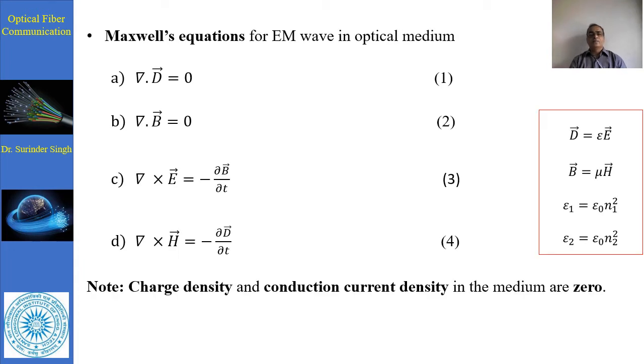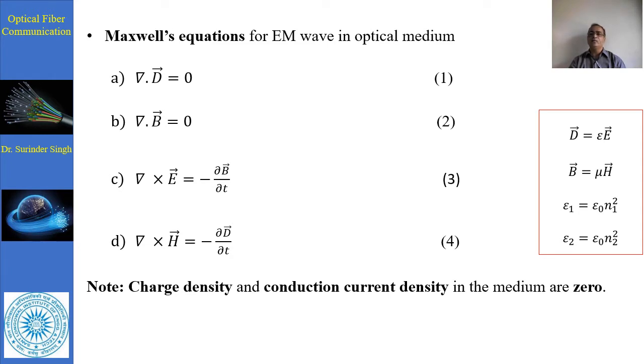So as per Maxwell's equations for an EM wave in optical media, which give the relationship between both electric and magnetic fields, and assuming a linear isotropic dielectric material having no current and no free charge, del dot D is equal to 0, where D is epsilon E, this means del dot E is equal to 0, and another is del dot B is also equal to 0.